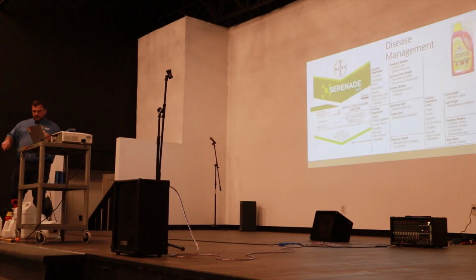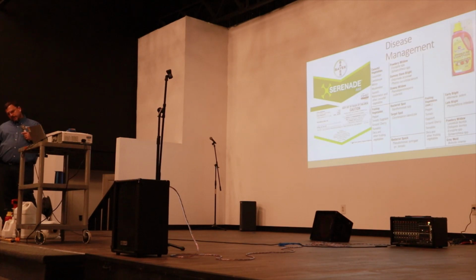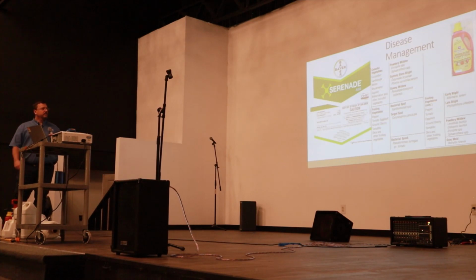And then Serenade, which is this little red container I have here, is about $17 or $18 these days. So it's a good scale. It works well. It's another bacterial control. You can see here in the name, I know you can't see it right now, but we see Bacillus in the first part of the name. It's a bacterial control.